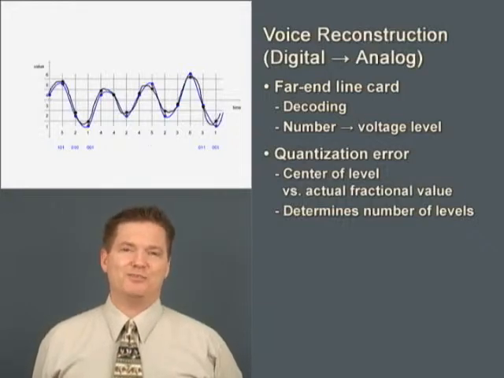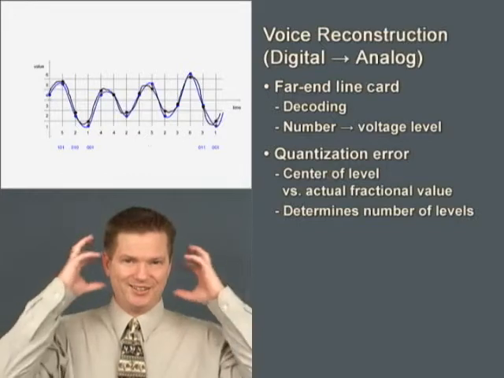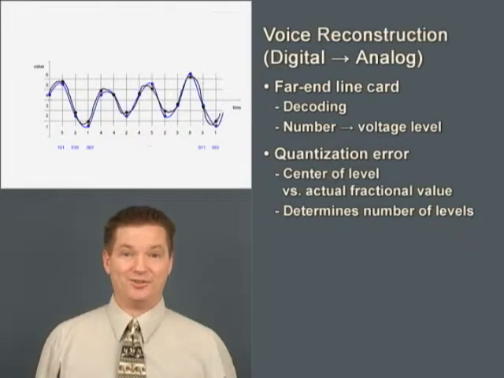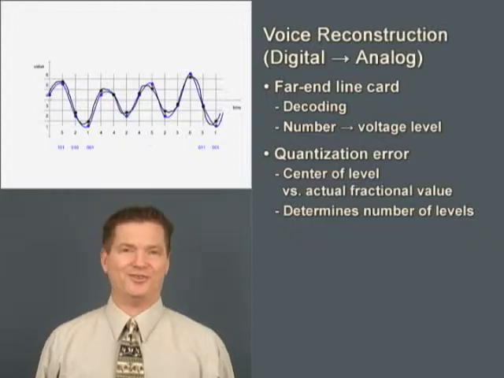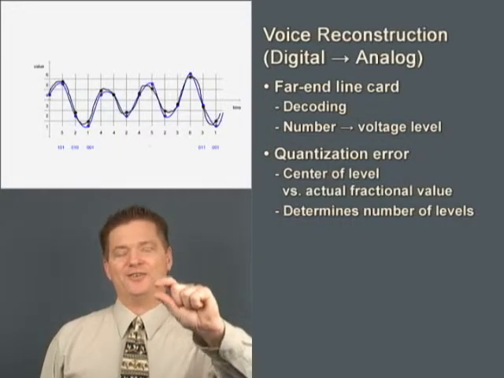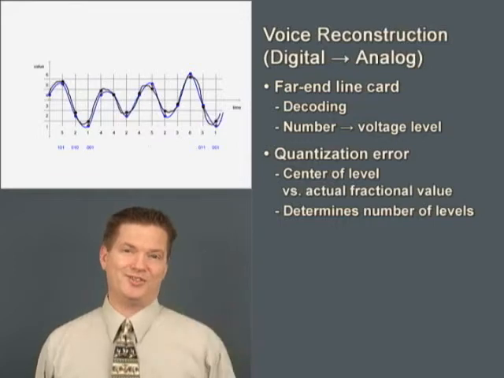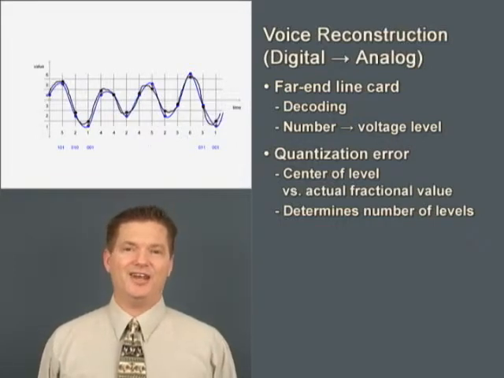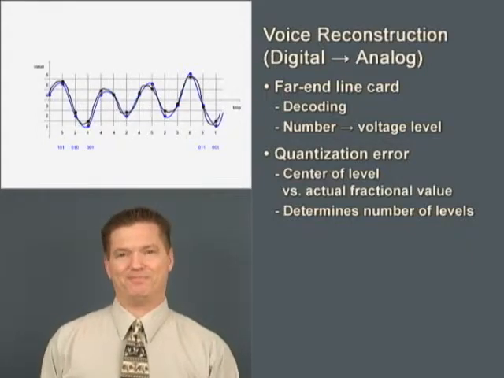This is based on subjective testing, having people listen to reproduced speech with different quantization levels and asking them to tell us whether they can hear any noise or not. And it turns out that if we reduce the size of the levels so that there are 256 of them in the range of voltages on the telephone system, that reduces the quantization noise below a point where a person's brain can detect it happening.